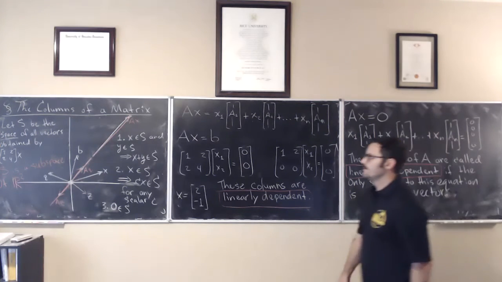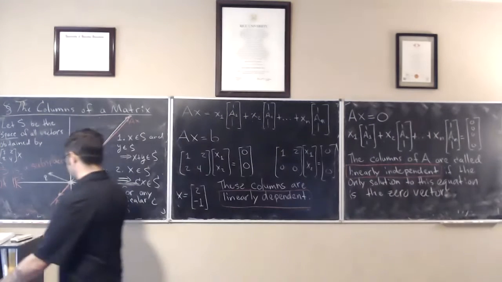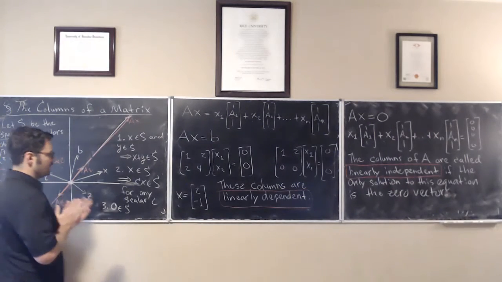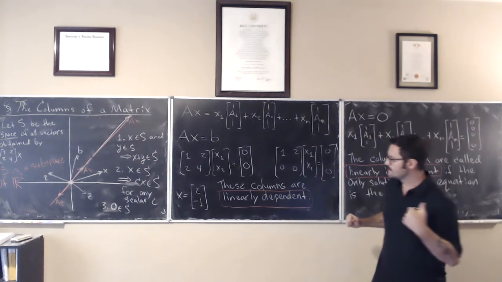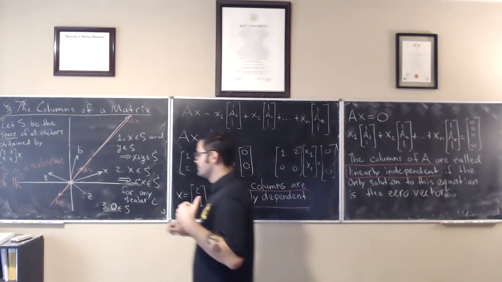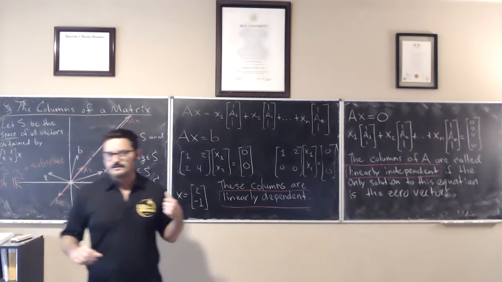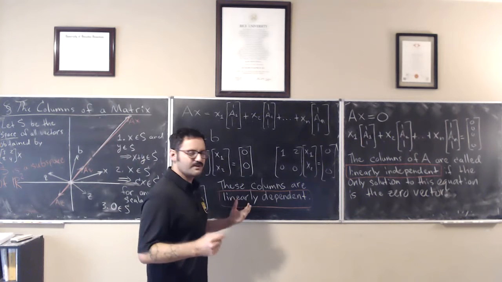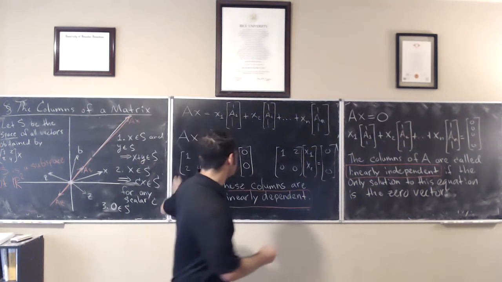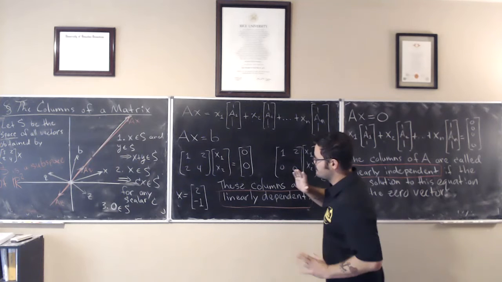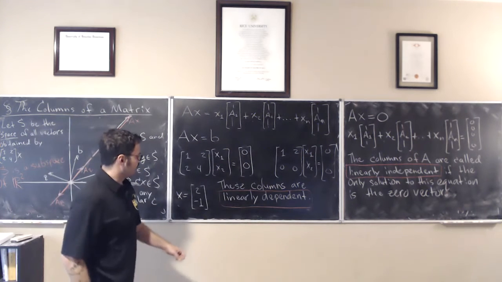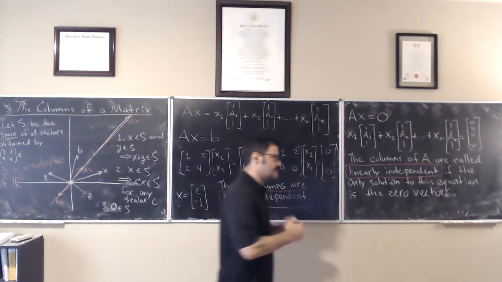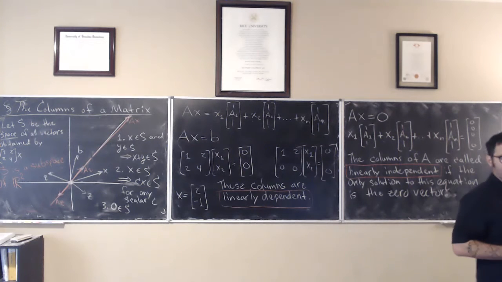So when you think about it, why does this make sense? Why is there a linkage between landing on a line and having linearly dependent columns?